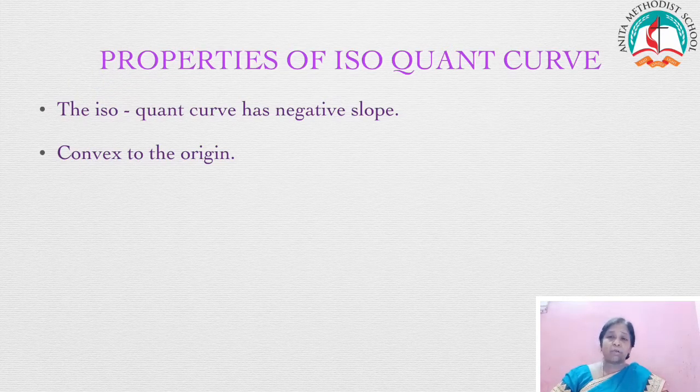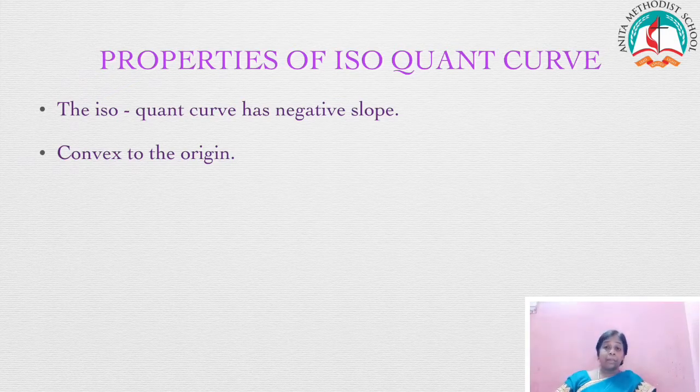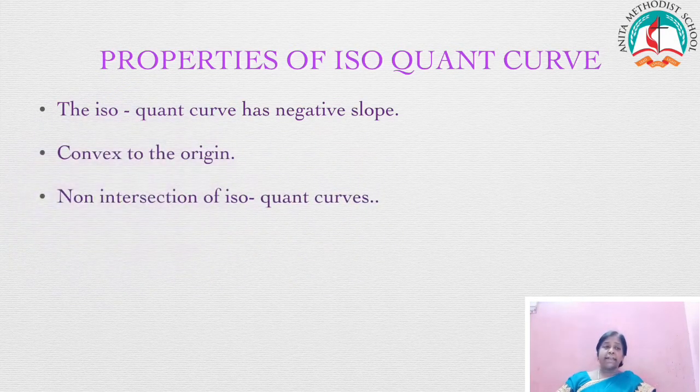The third property is non-intersection of isoquant curves. It means point A lies on both isoquants IQ1 and IQ2, but point C shows a higher output and point B shows a lower level of output. This is illogical. So the third property is non-intersection of isoquant curves.